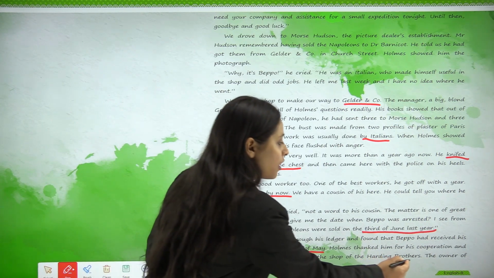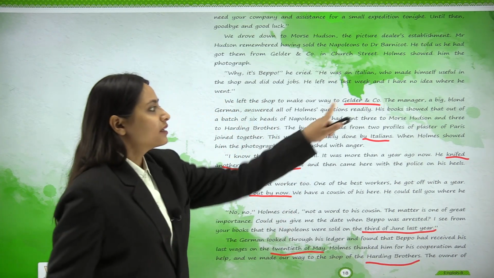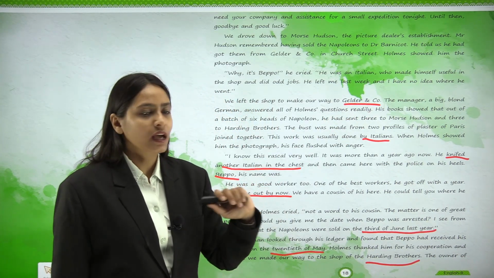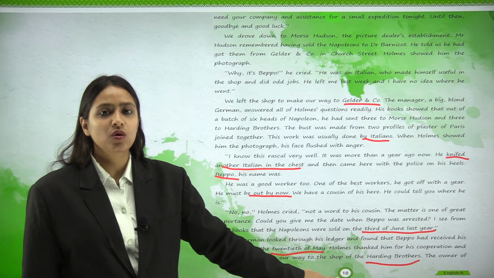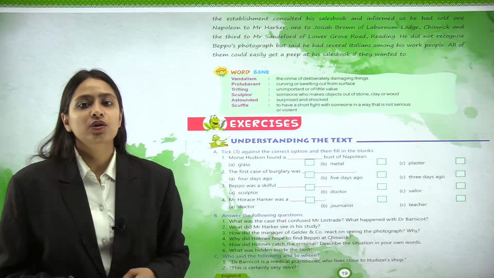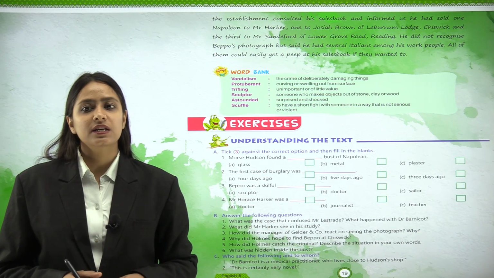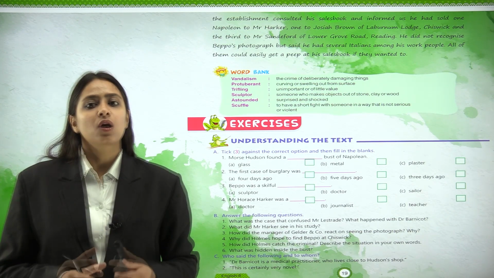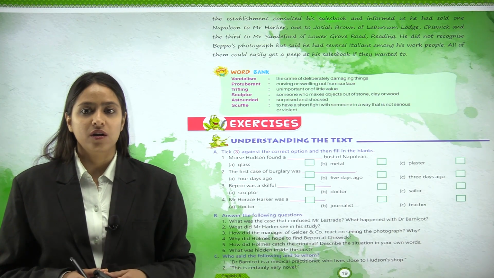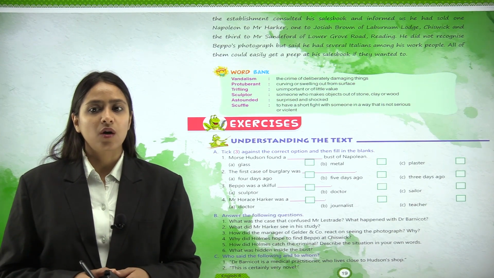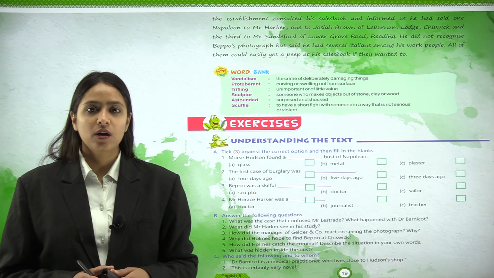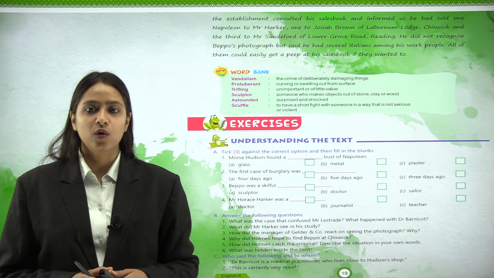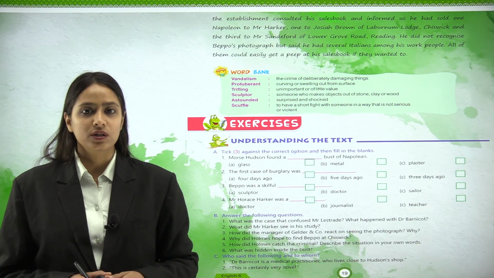So now after talking to Gelder and Company, Mr. Holmes is going to Harding Brothers. The owner of the establishment consulted his sales book and informed us he had sold one Napoleon to Mr. Harker, one to Josiah Brown of Lebanon Lodge, Chiswick, and a third to Mr. Sandford of Lower Grove Road, Reading.